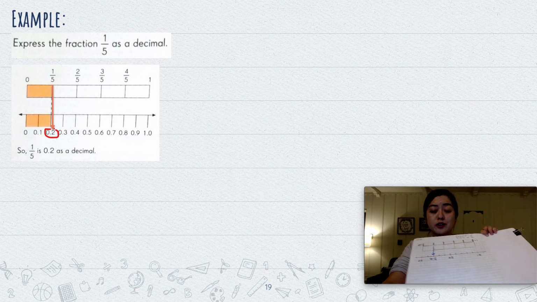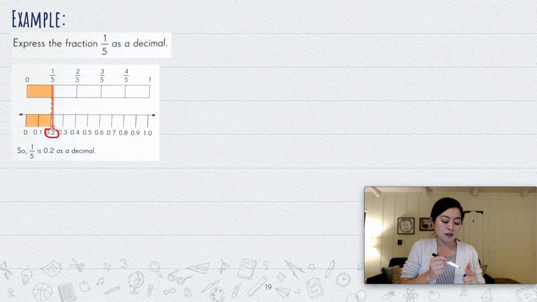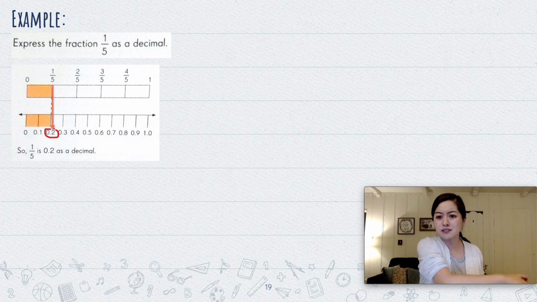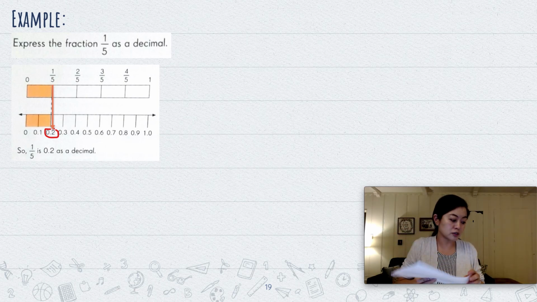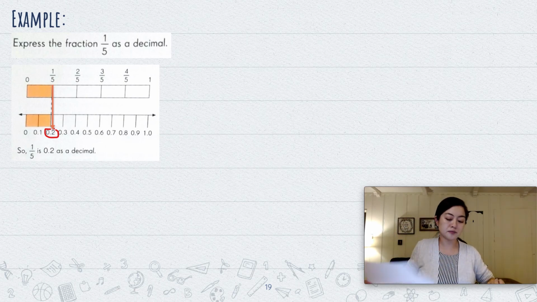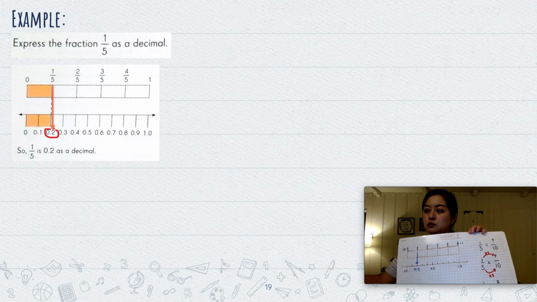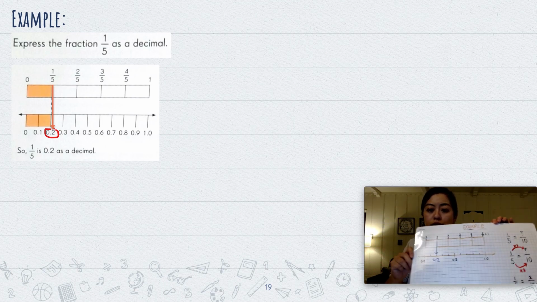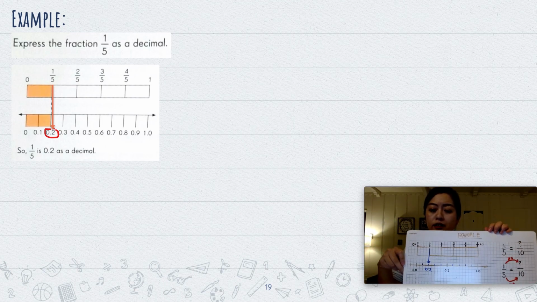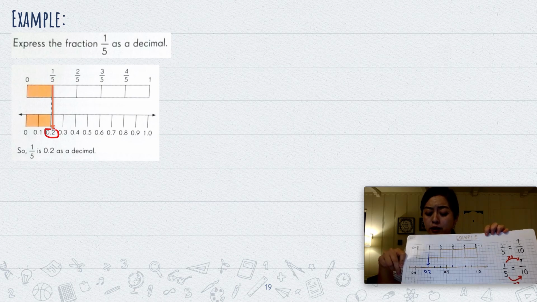Now, there's another way to do this. And this is the way that I prefer, but you can do it either way that is helpful to you. So if you look here, it's kind of like what we did in our warm-up, right?